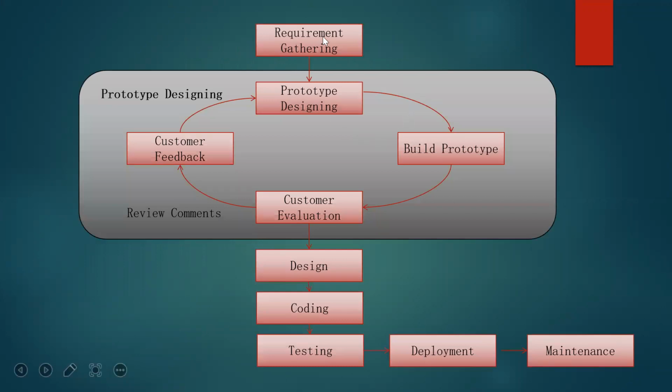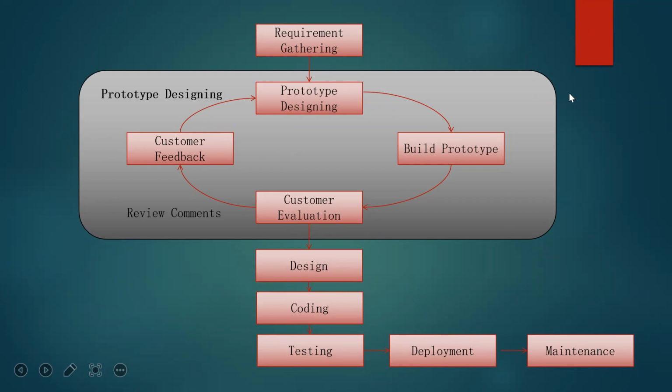The requirement gathering will start and then the prototype designing. So this is the complete prototype designing phase. The prototype will be designed over here, then they will build the prototype, then it will go for customer evaluation and feedback, and then again based on it, it will go. This phase alone will be an iterative phase, not the other phases.